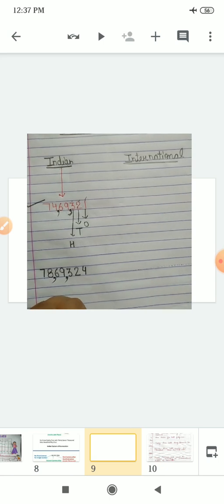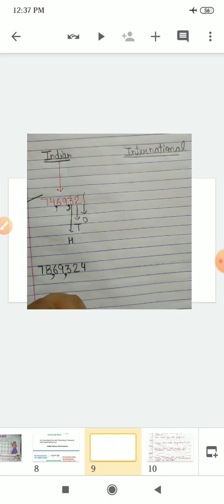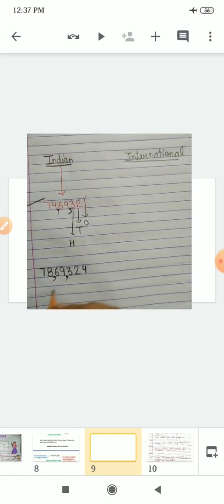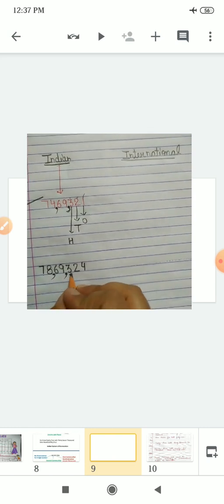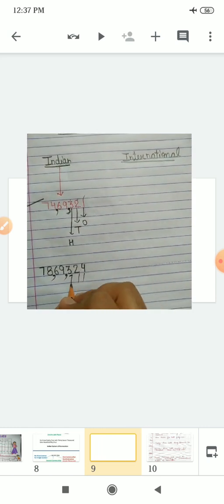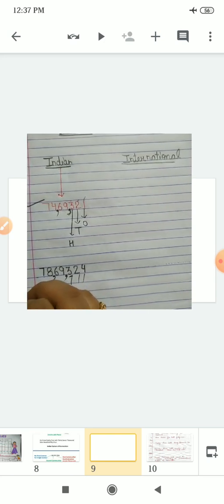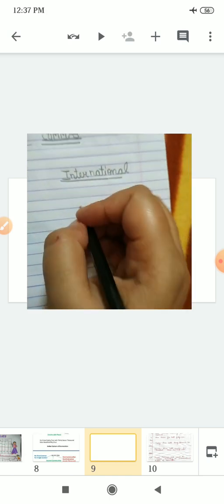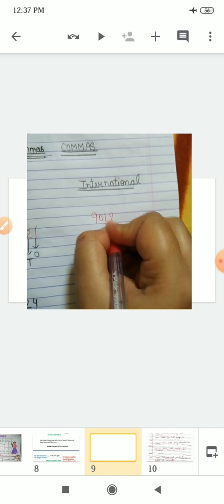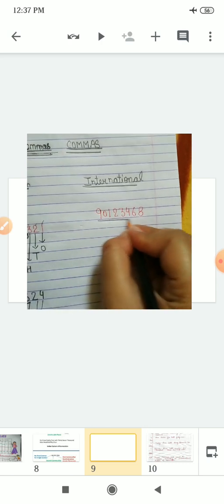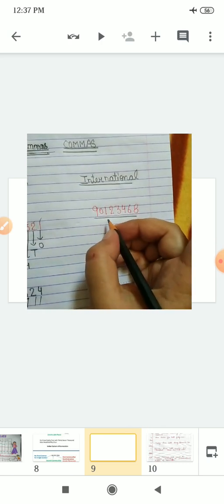Okay, what is there in the international system? If this number is given to you, in every step we will put a comma after every 3 digits. 1 2 3, then the comma will come here. Again 1 2 3, again a comma will come here.